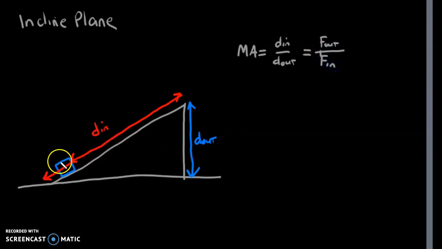Now, the amount of force you're pushing on this box is a little bit harder to figure out unless you have a force meter and you're measuring it. But what I can figure out, because we've done this a lot before, is the force of gravity on that object. That's going to equal my force out.